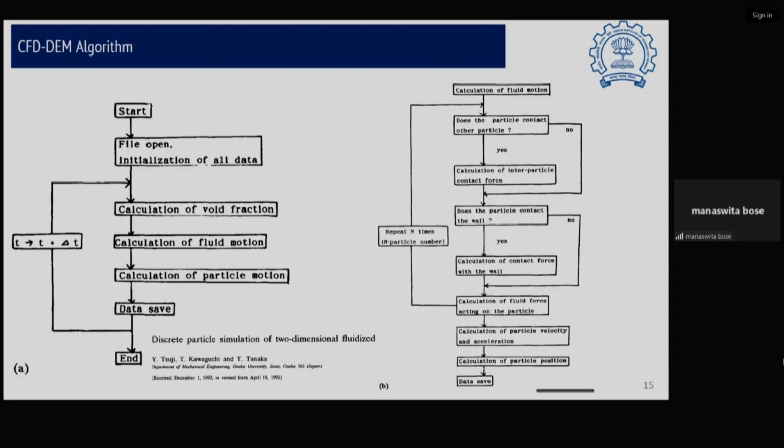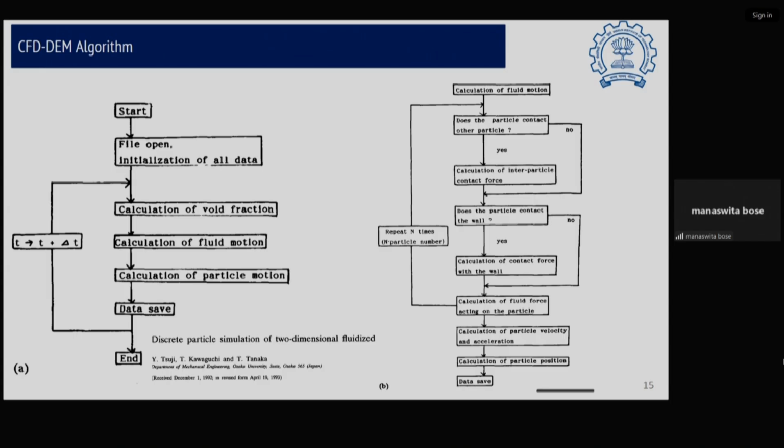Now, this is one of the first papers that came up with this CFD-DEM algorithm. Okay. Now, see the way it works. Once the algorithm starts, in a nutshell, I'll be telling you: once the simulation starts, within one fluid time step, there are multiple particle time steps. That's all we have to remember.